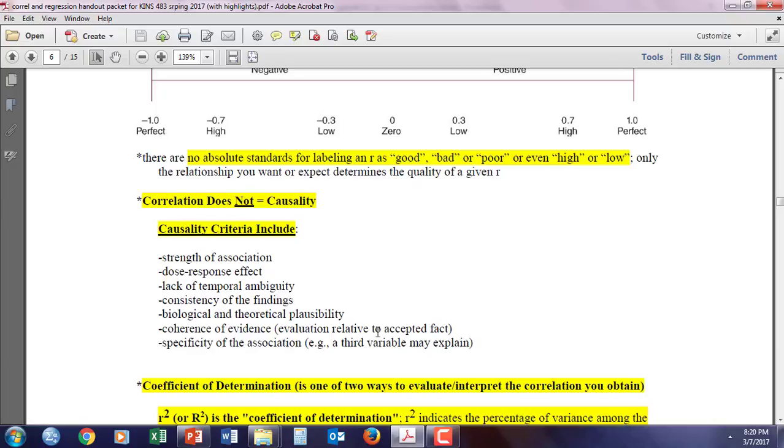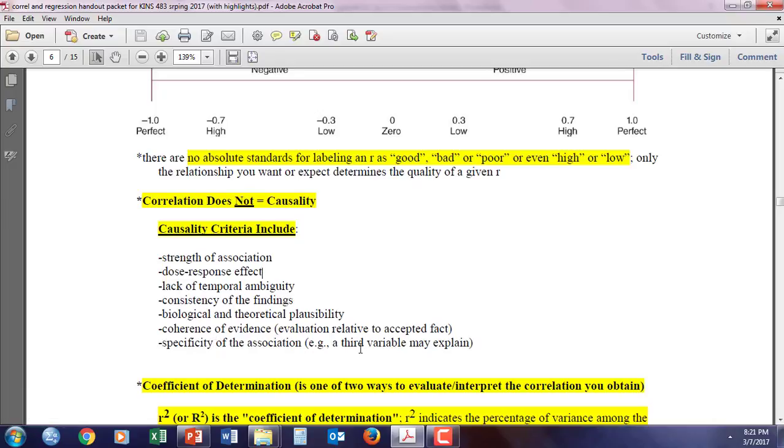Across all kinds of evidence and facts, we need to have coherence of the evidence. All the arrows need to be pointing in the same direction, that smoking, in fact, causes lung cancer. And lastly, but certainly one of the most important criteria of causality, there needs to be what we call specificity of the association.